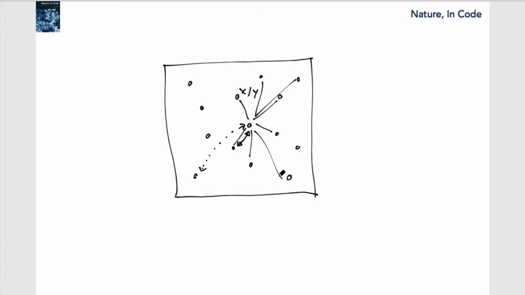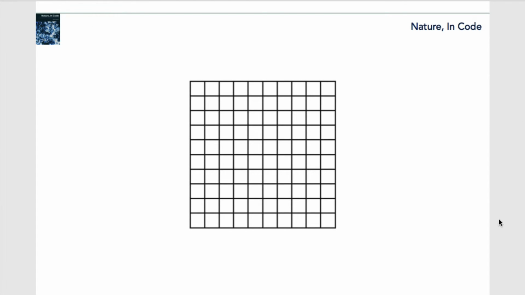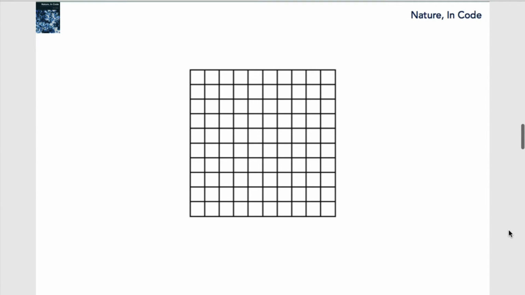There's an easier way to do this. A more simplified version of this model looks like this. Quite often when people implement spatial models, they implement this grid world. So you have a grid here, and on this grid, you have an individual, like for example this one, occupying a cell. And the simplifying assumption is usually that each cell will contain one individual, and I'm just highlighting here this particular individual.